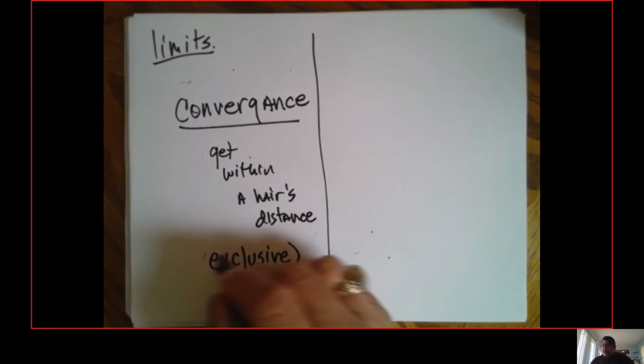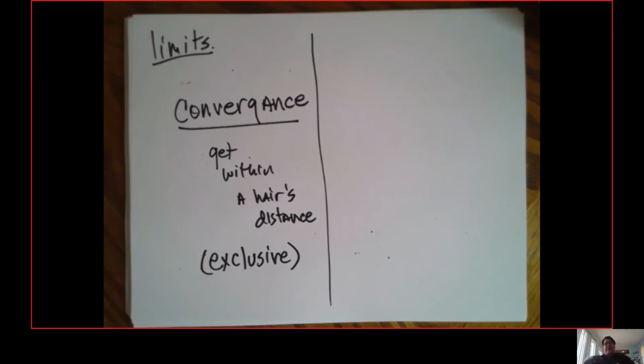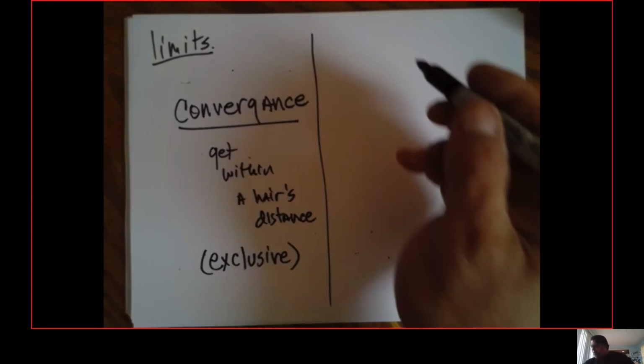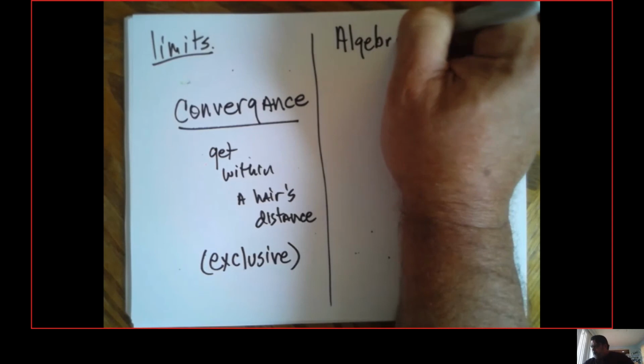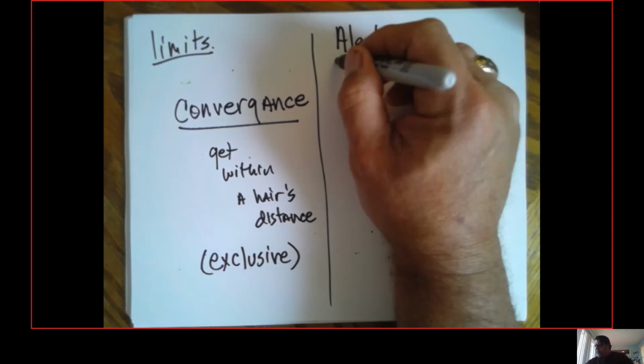Because you never touch the number, so you never use that number in the formula. You always get close to it. And you're going to combine that with your algebra. And what in the algebra? Your difference quotient.